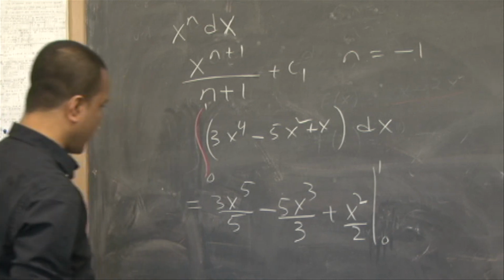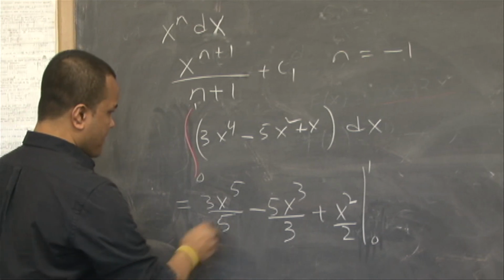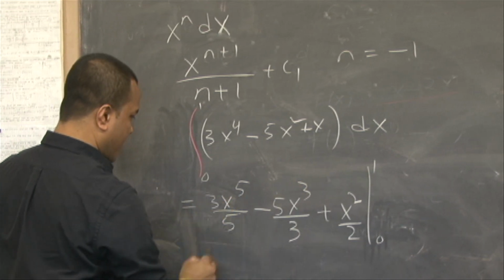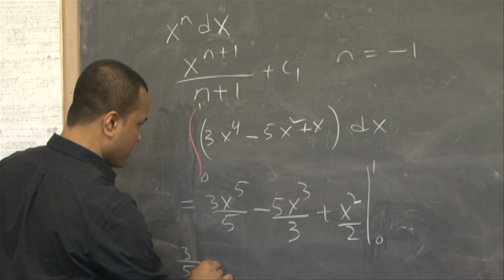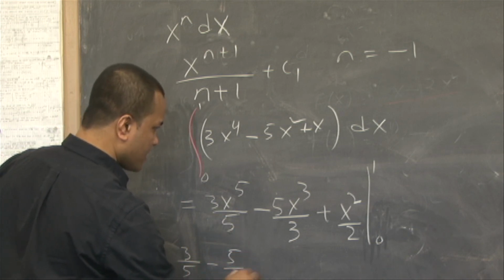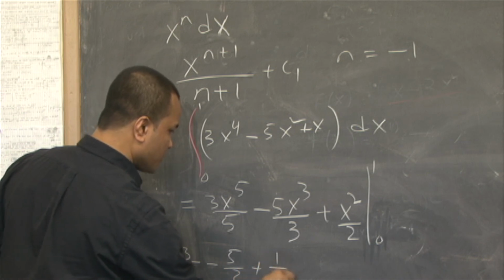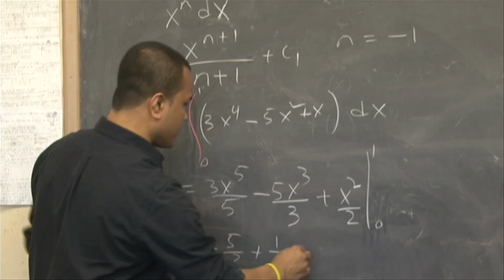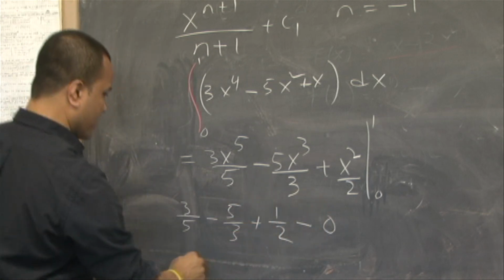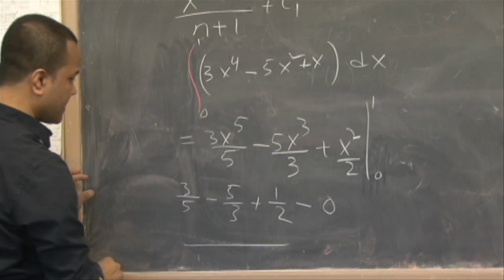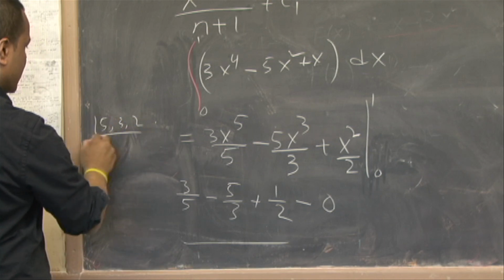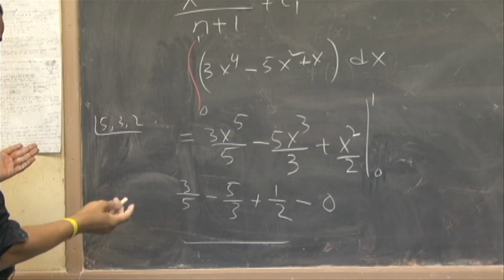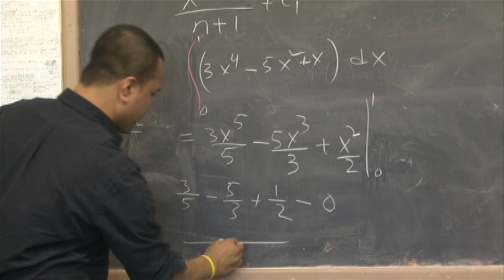Let's see what happens. Now let's put 1 everywhere you see x. So 3 over 5 minus 5 over 3 plus 1 over 2, and if you put 0, everything becomes 0, so you don't care about that. What is the LCD? The LCD of 5, 3, 2 is 30.